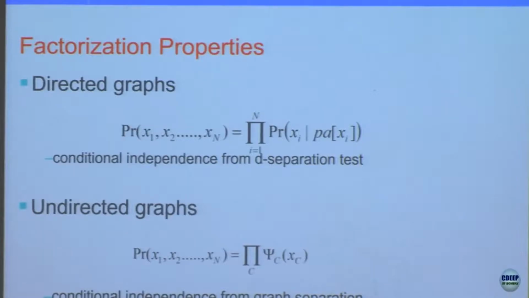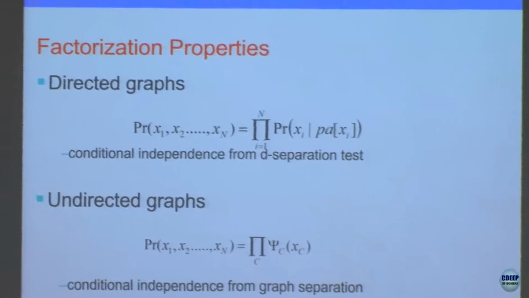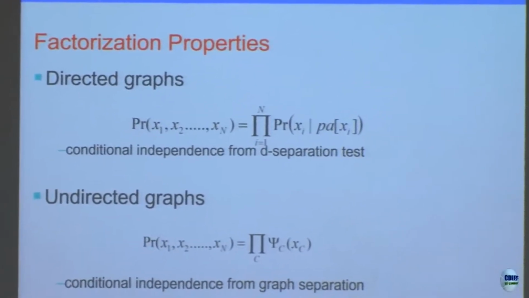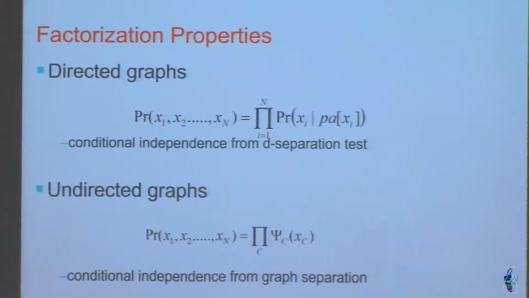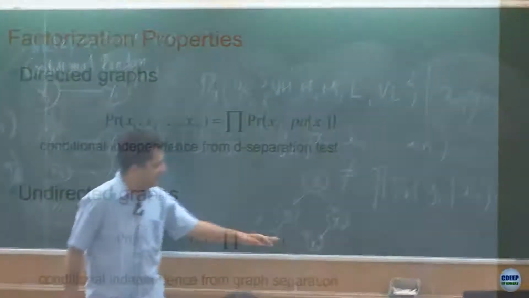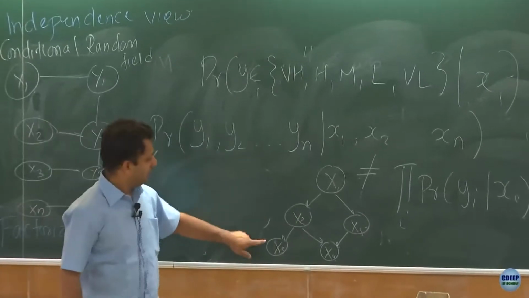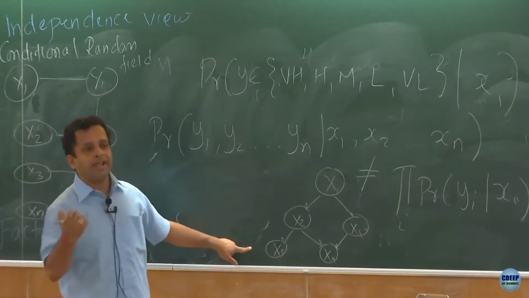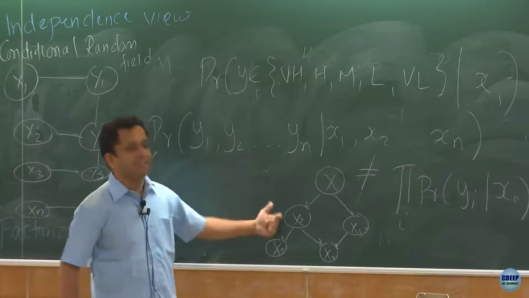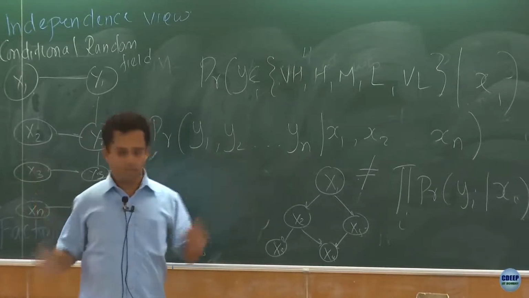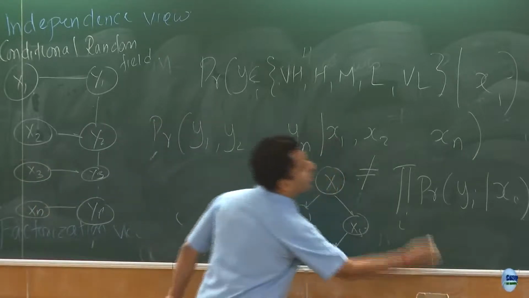For directed graphs, let us say this is a directed graph. The factorization is that for the joint distribution of these nodes, all I have to look at is the probability of a node given its parents.